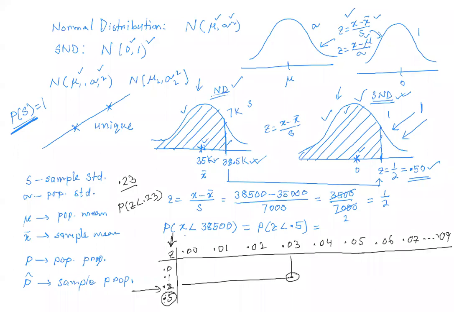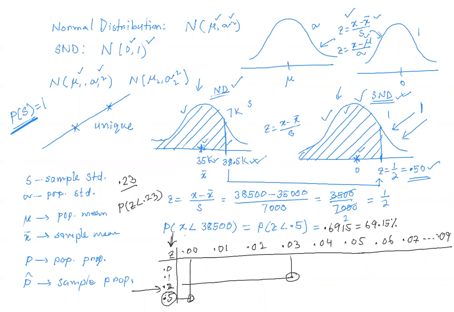Okay. If you look at it, you'll see the 0.5 and 0.00 column, which is right here, and the value there is 0.6915, which is 69.15%.